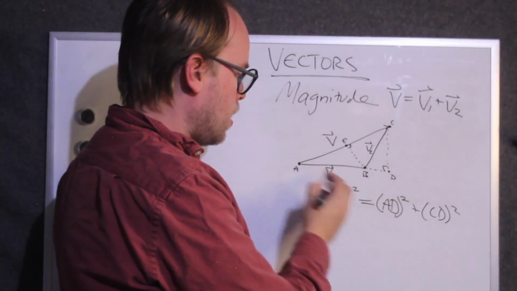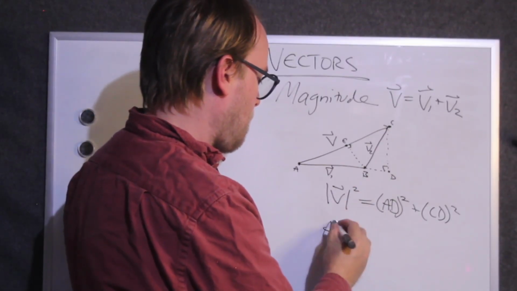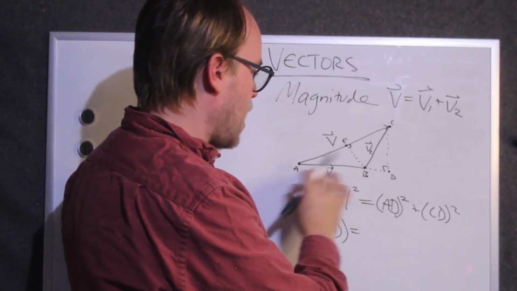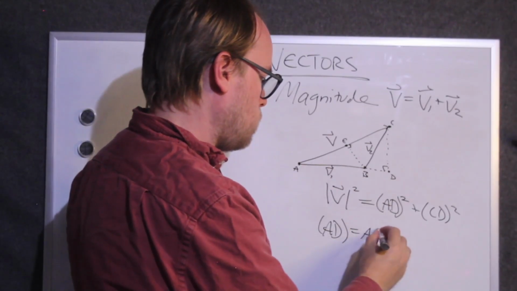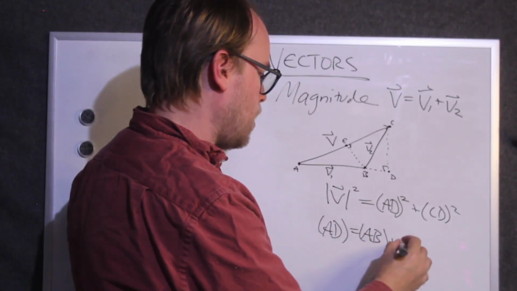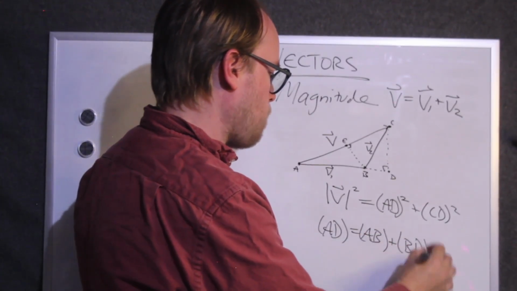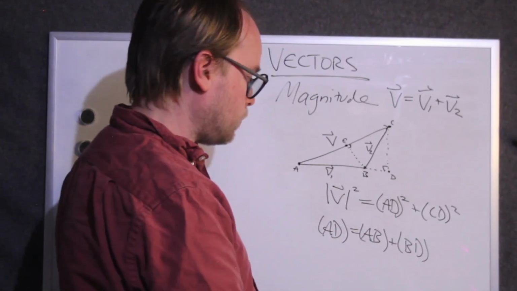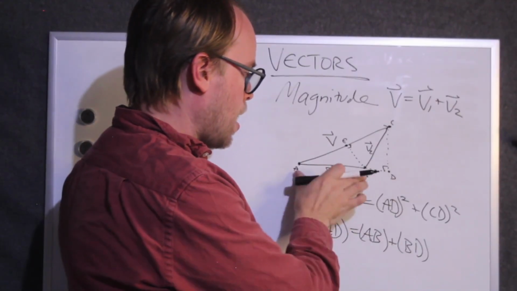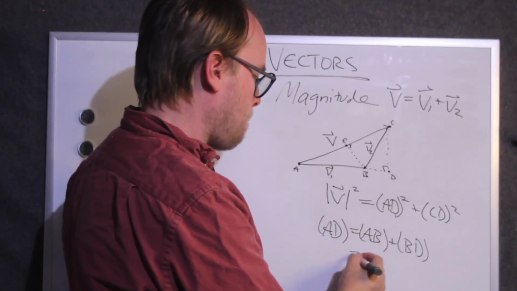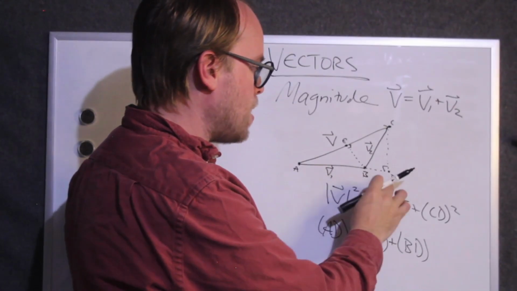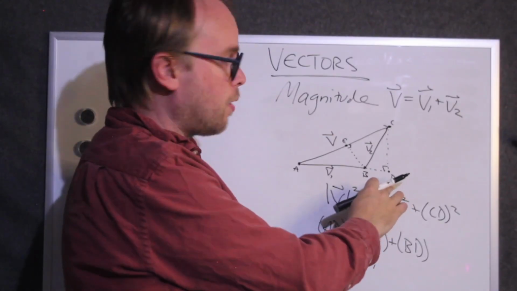AD here is, what's AB plus BD, okay? AB is V1, and then BD we have to get from trigonometry.